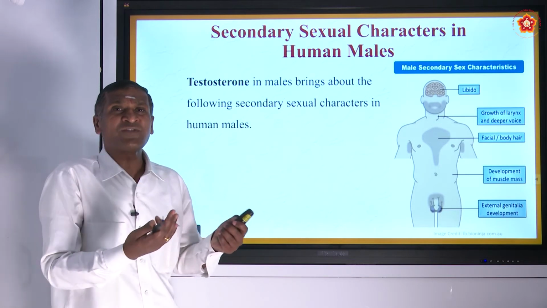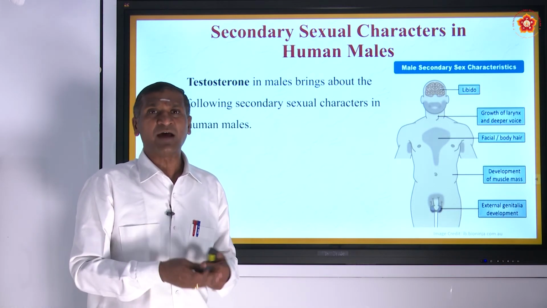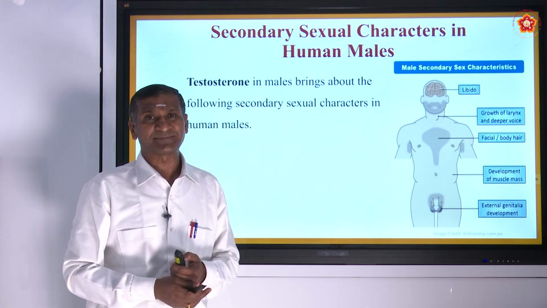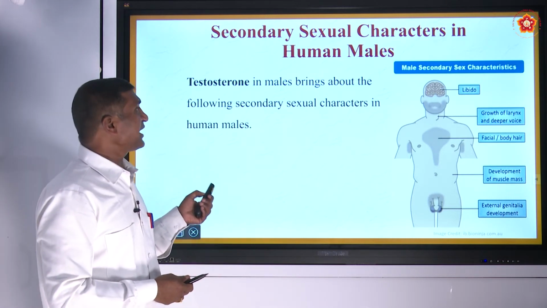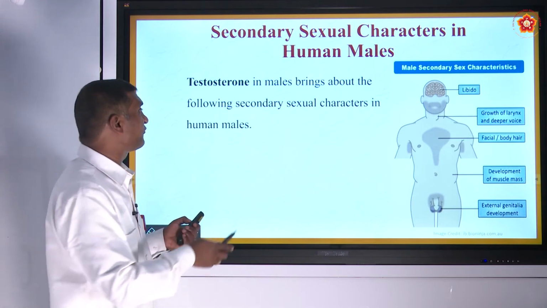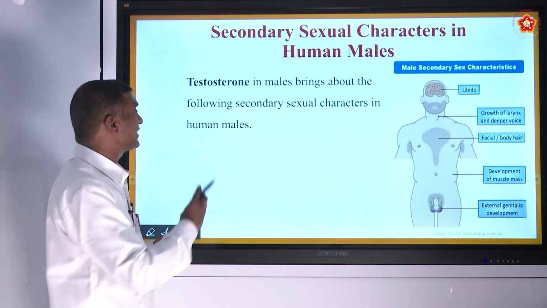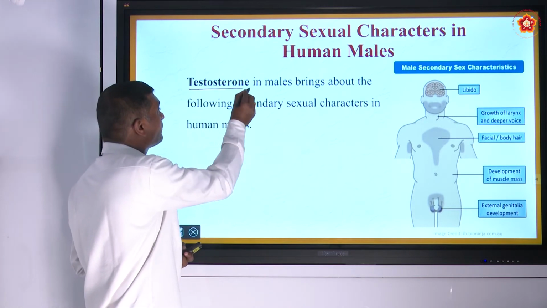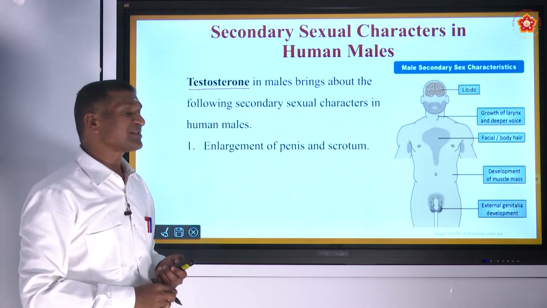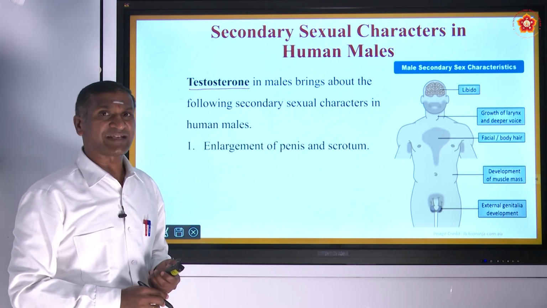There is nothing to feel hesitation or inferiority complex about. Testosterone in males brings about the following secondary sexual characters. It is a very important hormone. It is testosterone which brings about the secondary sexual characters.